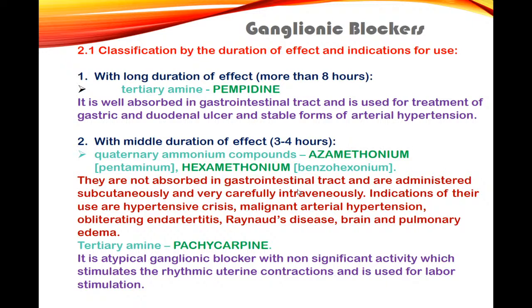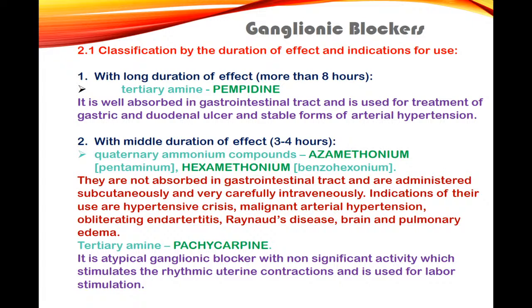With middle or intermediate action duration, acting 3 to 4 hours: the quaternary ammonium compounds azamethonium and hexamethonium. If quaternary, it means they are poorly absorbed, so they are used mostly in injections. But injection should be subcutaneous or intramuscular, and intravenous carefully, because with intravenous introduction the action is very strong.